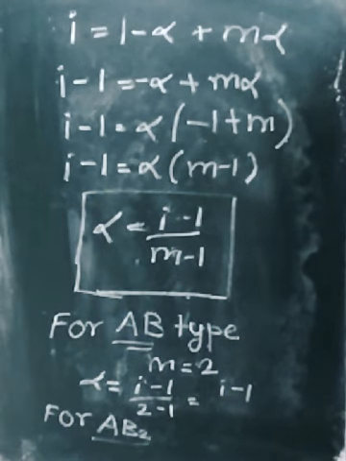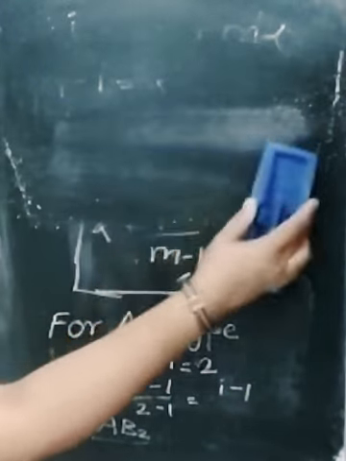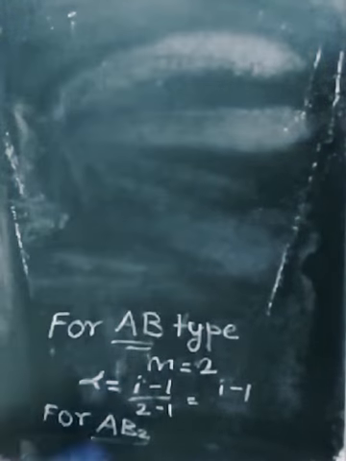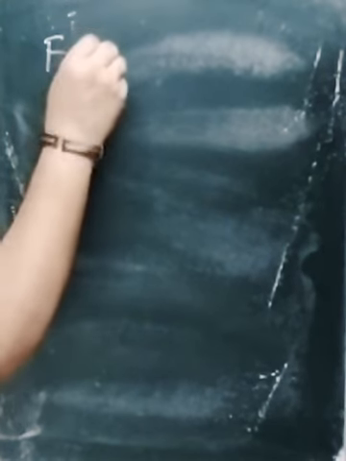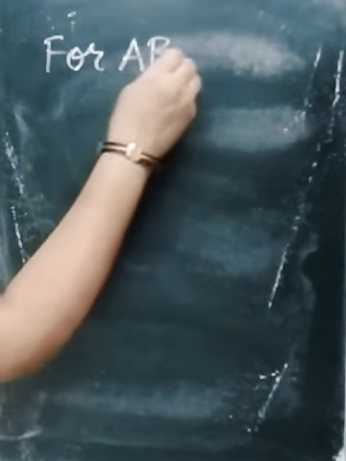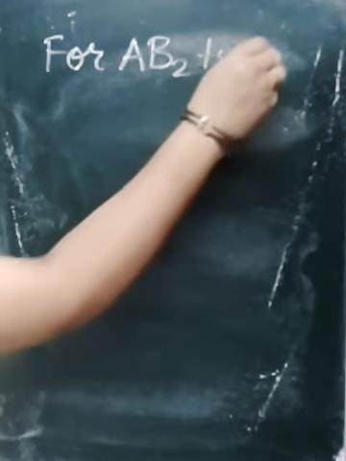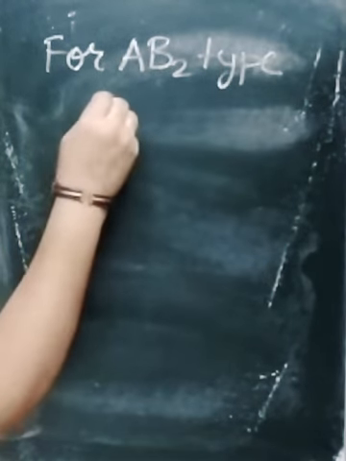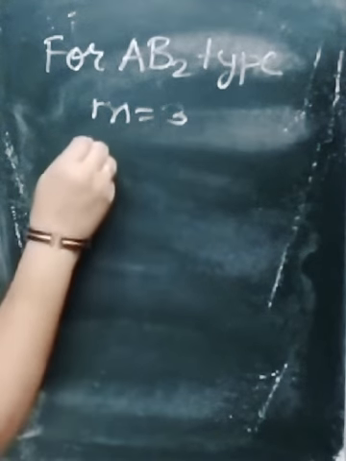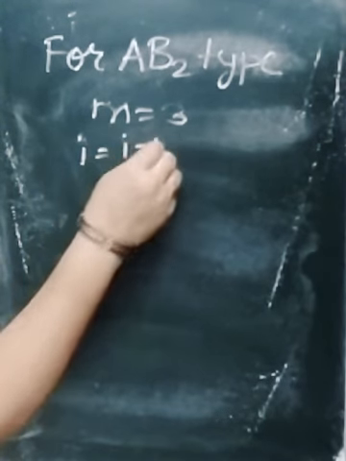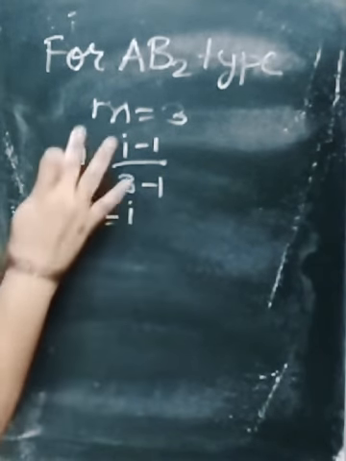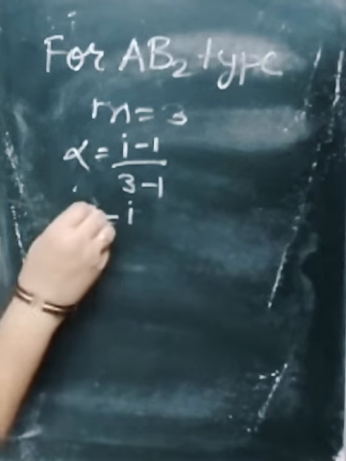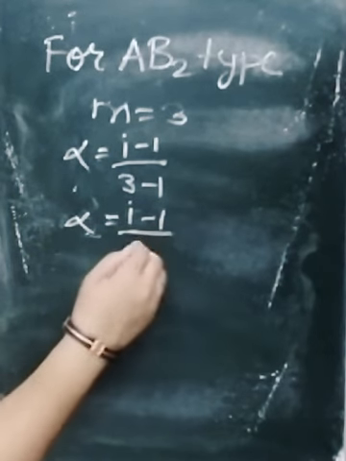For AB2 type solutes, m equals 3, so alpha equals i minus 1 upon 3 minus 1, that is i minus 1 upon 2.